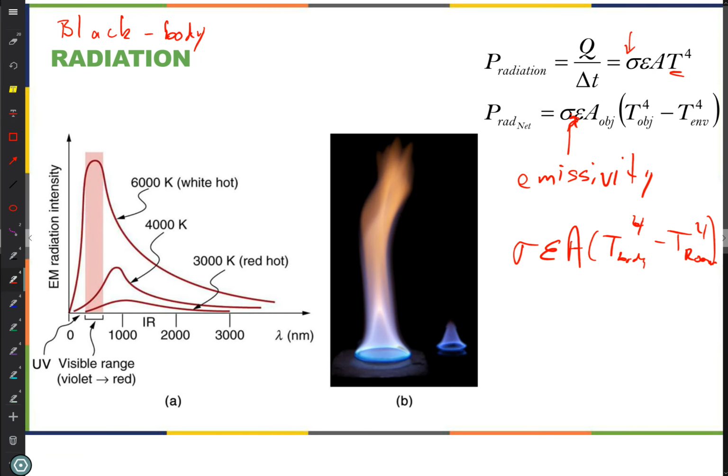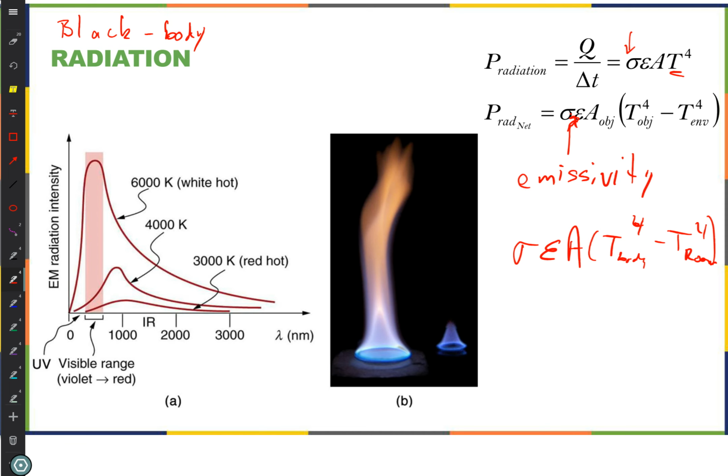Your body temperature, of course, is somewhere around 310 kelvins. And if the room is at, let's say, 320 kelvins, you could put in 310 to the 4th power minus 320 to the 4th power. That difference is the number that's going to tell you about how quickly you're heating or cooling.